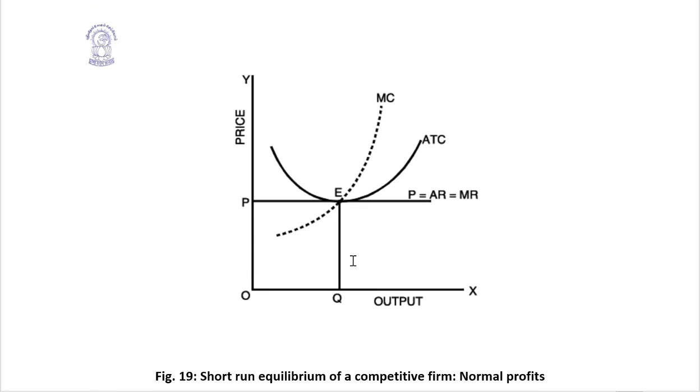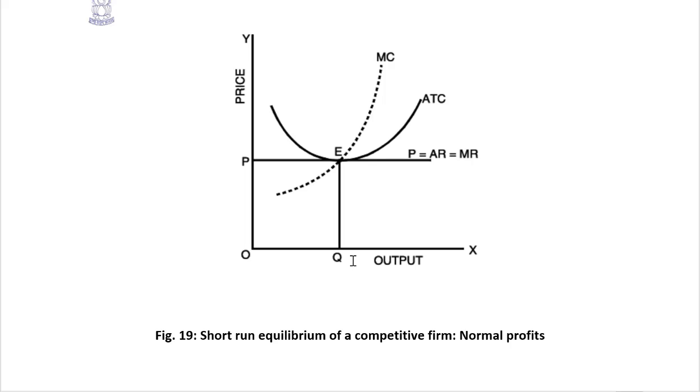See the graphical presentation of short run equilibrium of a competitive firm, that is normal profits. So normal profits basically is a situation where average revenue is equal to average cost.